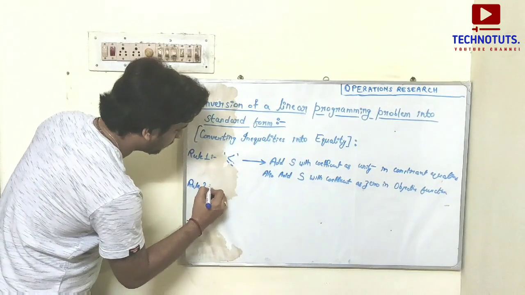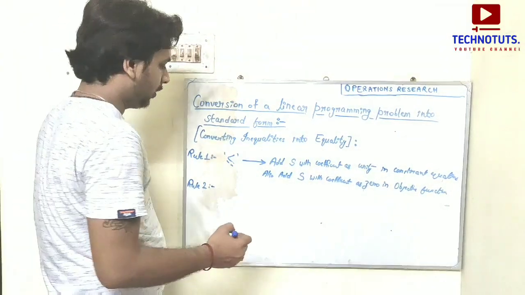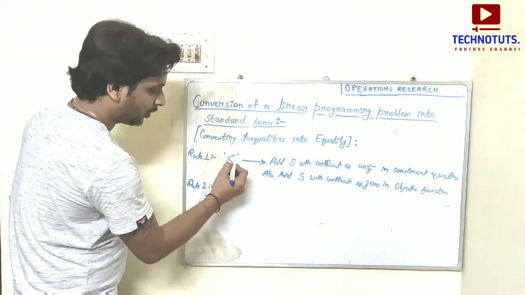Rule number 2 is about the greater than or equal to sign.